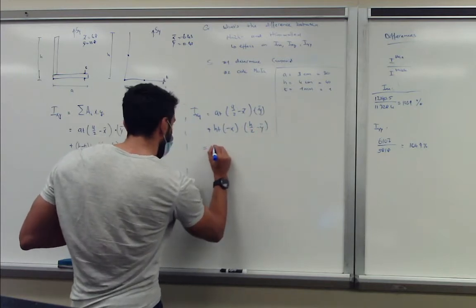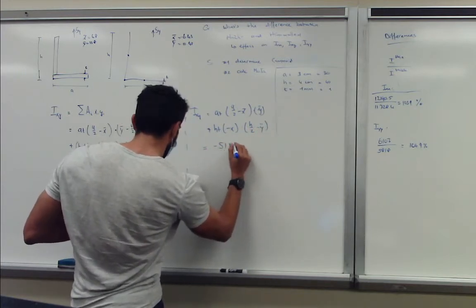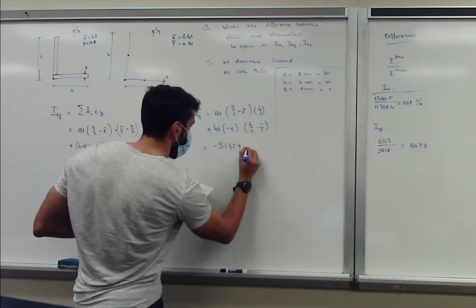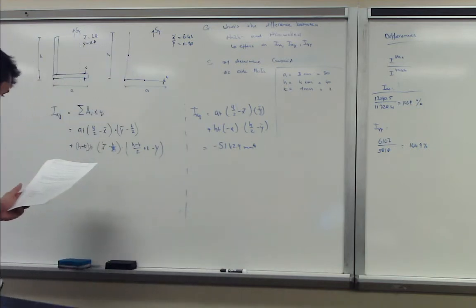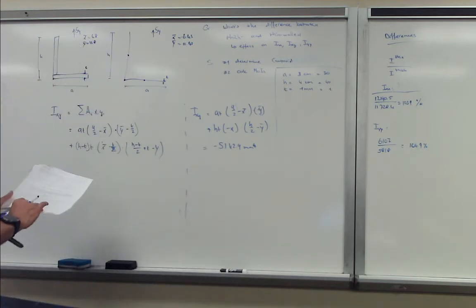And this one, I do have a number, it's minus 5042.9 millimeter to the power 4. For some reason, I don't have the Y bar calculated.